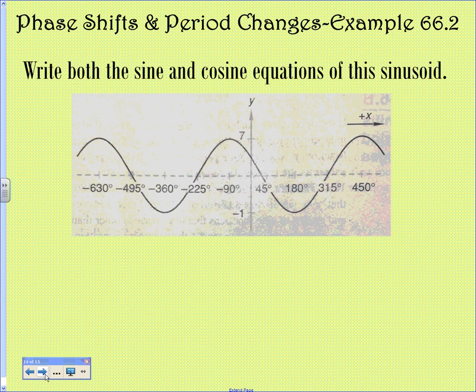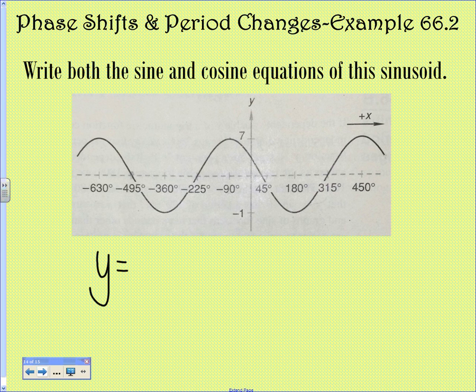Okay, so we want to write both the sine and the cosine equation for the sinusoid. So do y'all want to do sine or cosine first? It doesn't matter which one. Sine? Okay. What is the first part that we do?